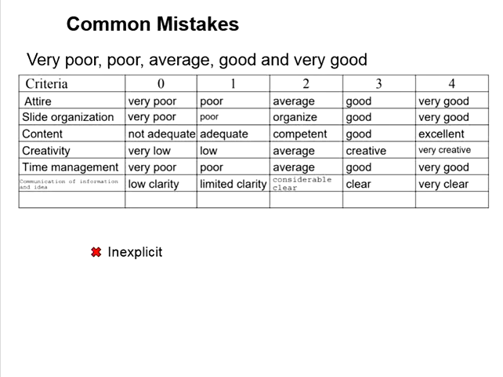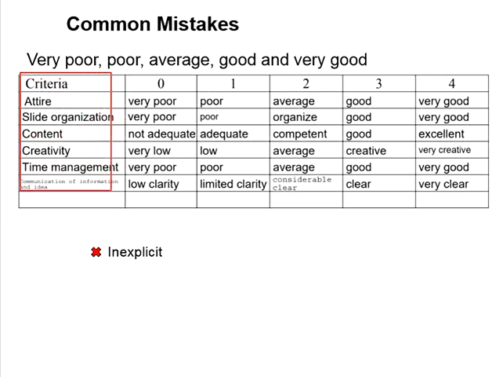Let us look at the first example here. This rubric is meant for presentations. There are a series of criteria identified, which include attire, slide organization, content, creativity, time management, and communication of information and ideas.